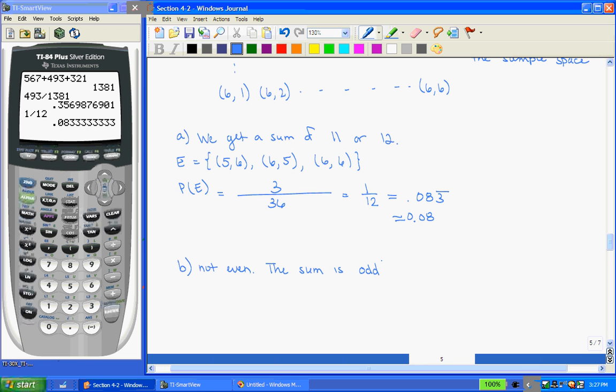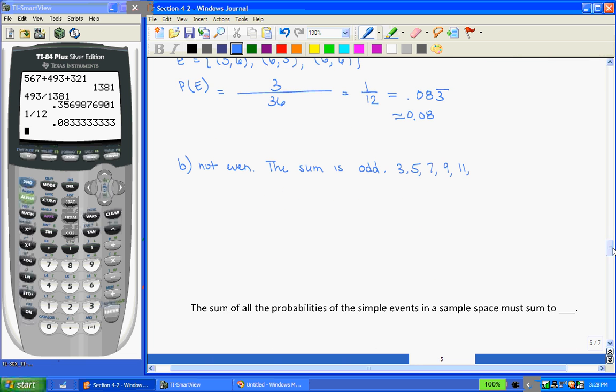If the sum is odd, that means it could be 3, 5, 7, 9, 11, and that's it. So what we need to do is list all the ways to get a 3, a 5, a 7, a 9, or an 11. And that one is actually going to take a lot longer than I anticipated, but here's kind of a shortcut. The only possible sums you can get on the roll of 2 dice is 2 through 12.